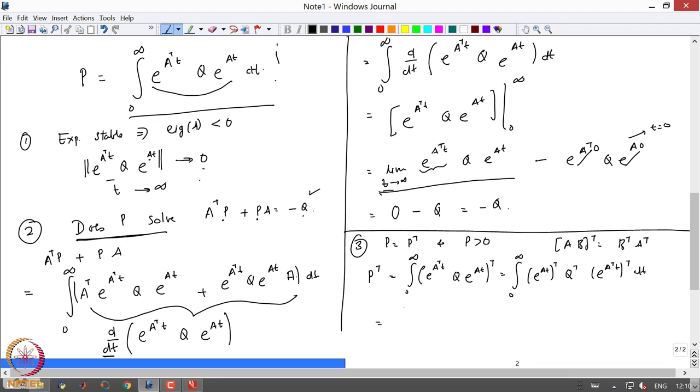Okay. So, the first term would be e power A transpose t, Q is symmetric, symmetric is what, Q equal to Q transpose. So, I just write it as Q, and the third term will be e power A t dt, and P transpose therefore is equal to P. Okay. Now, this is done.